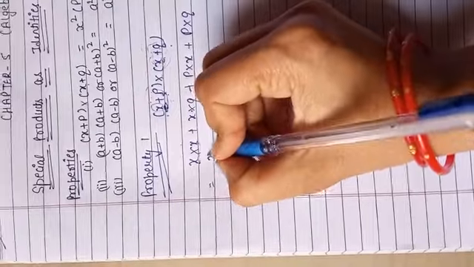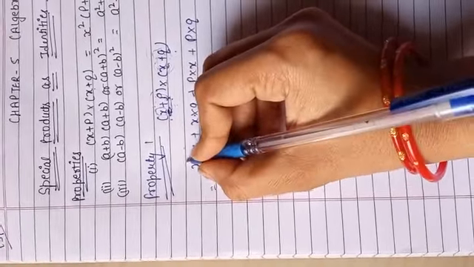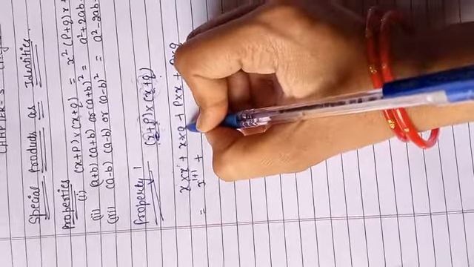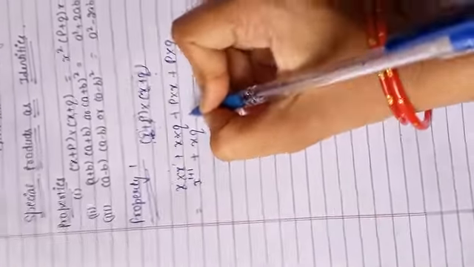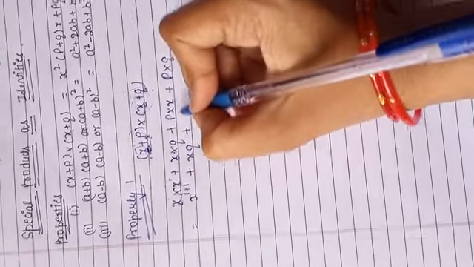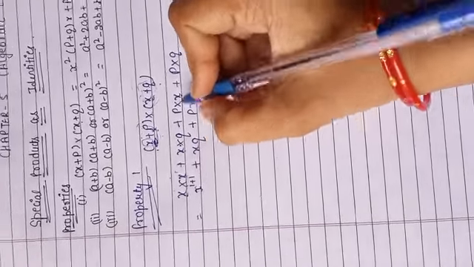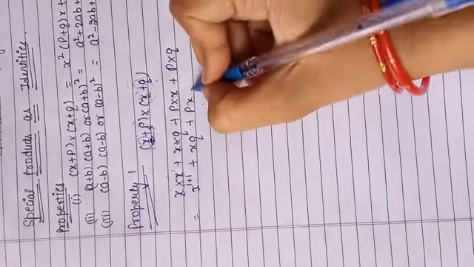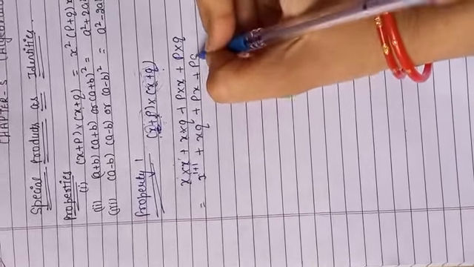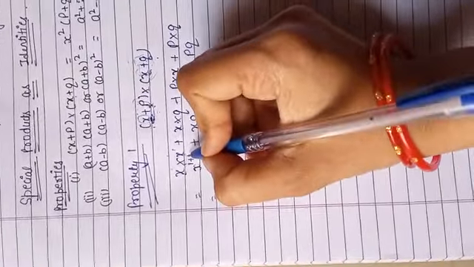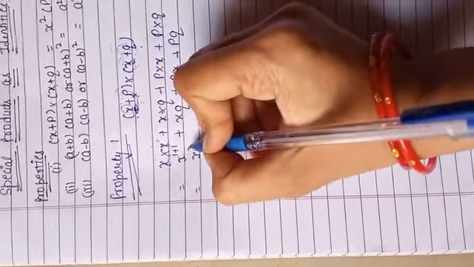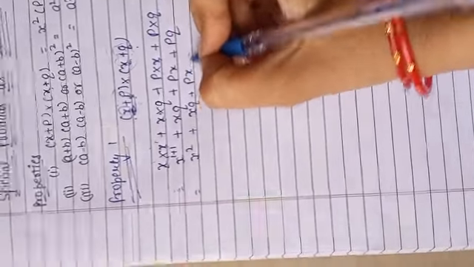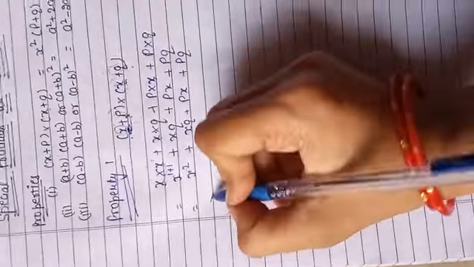So power will be added, 1 plus 1. Here power is 1. Plus x multiply q is xq. Plus p multiply x is px, because both the variables are different, so we write it as it is. P multiply q is pq. X raised to power 1 plus 1 is x raised to power 2, plus xq plus px plus pq.